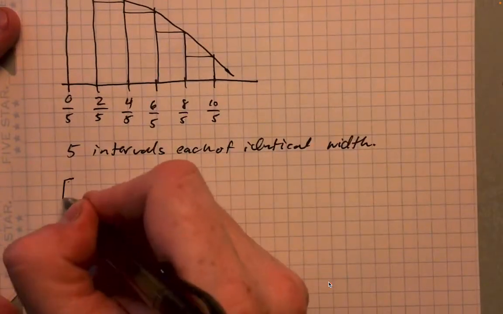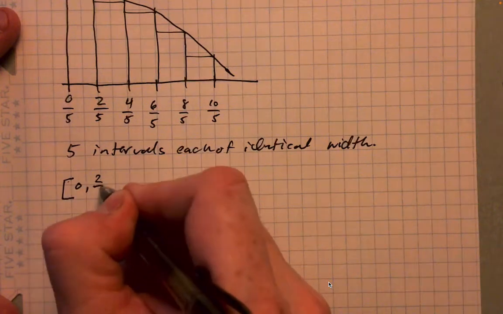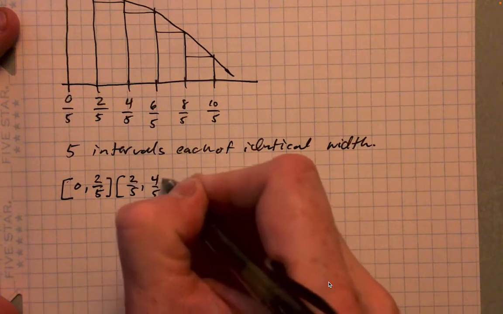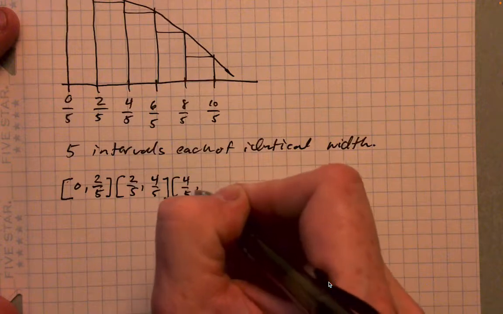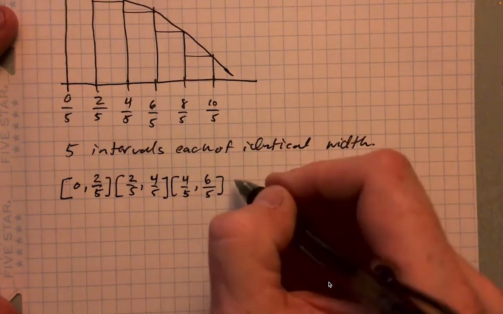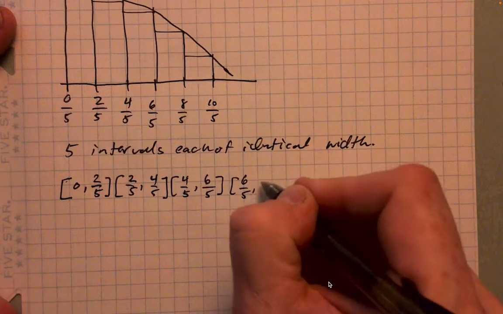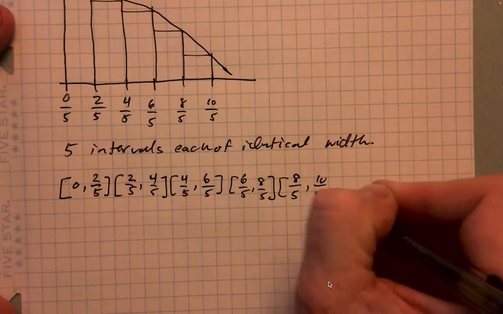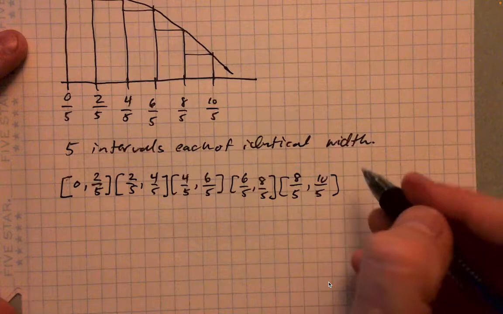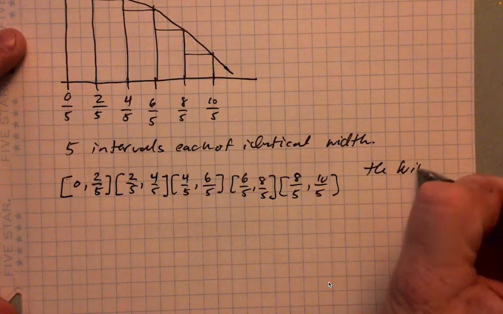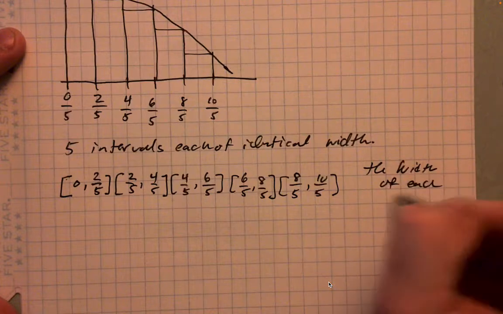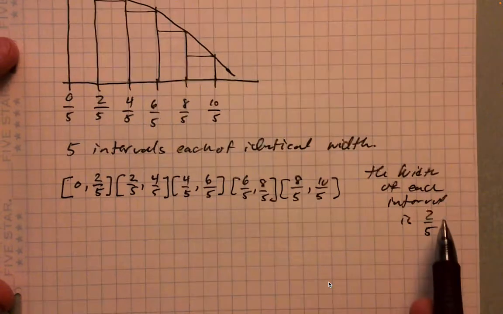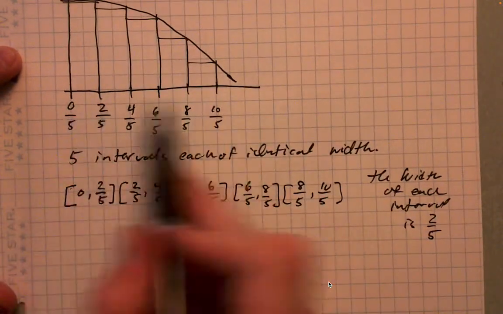You could think of the intervals as 0 up to 2/5, then 2/5 up to 4/5, then 4/5 up to 6/5, 6/5 to 8/5, and 8/5 up to 10/5. Perfect. Now obviously the width of each interval is 2/5.